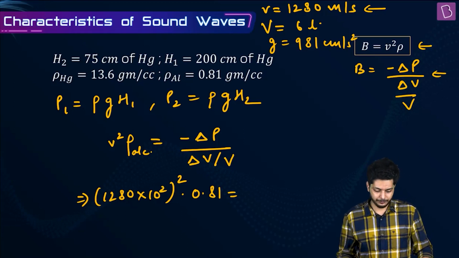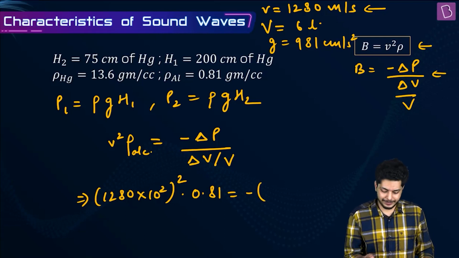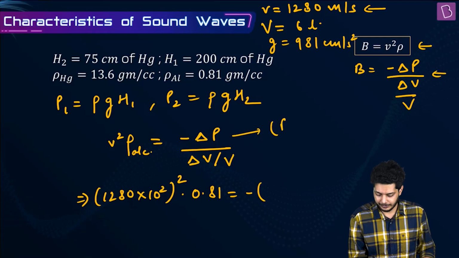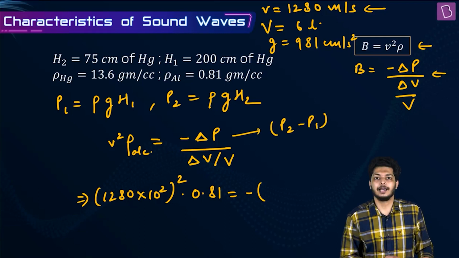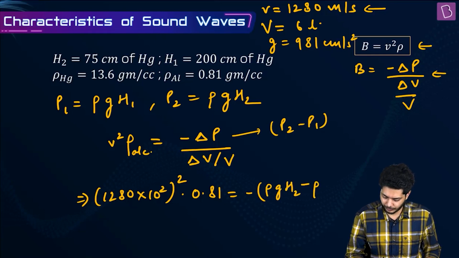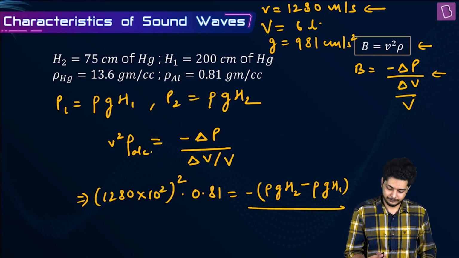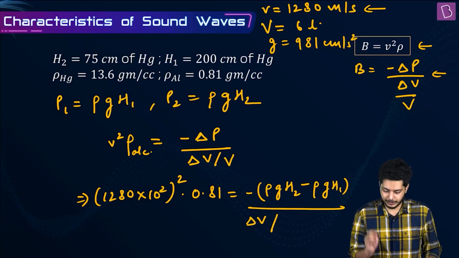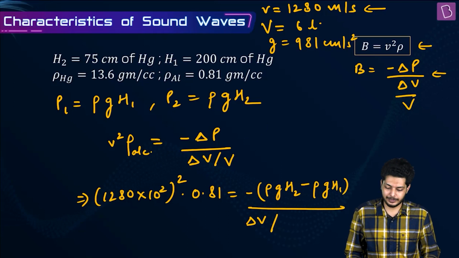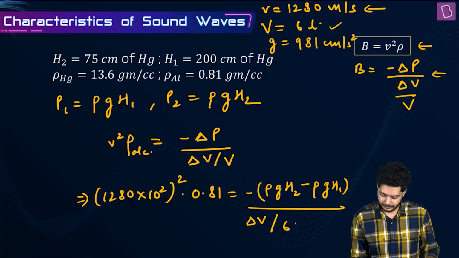This is equal to minus del P, where del P is the change in pressure, P2 minus P1. So in place of that, I am writing rho g h2 minus rho g h1, divided by del V, which we have to find, divided by V, the initial volume. The initial volume is 6 liters, and in milliliters it will be 6,000 milliliters.